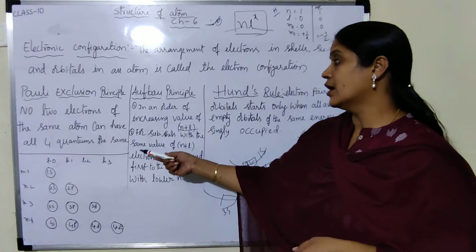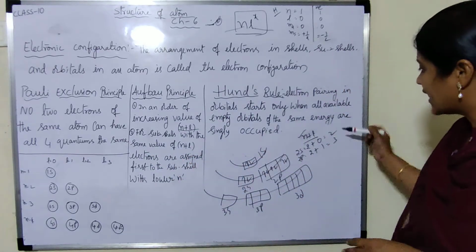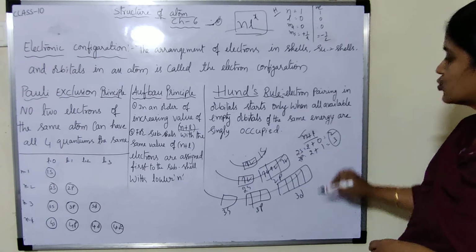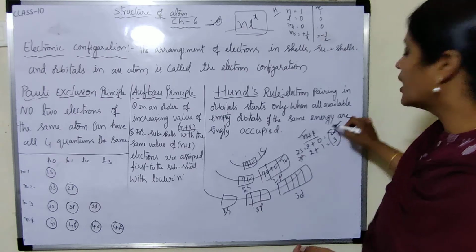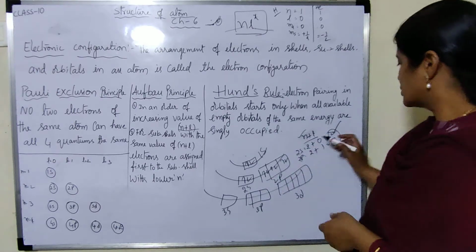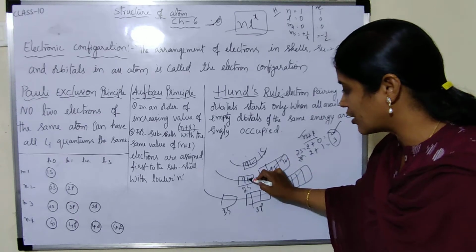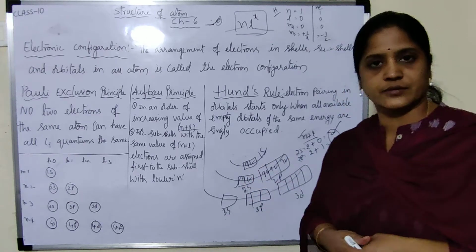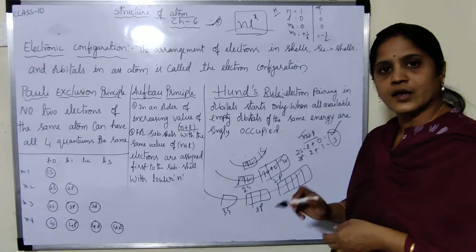Then, whichever value is the least, you give preference to that orbital and fill the electrons in that. So out of 2s and 2p, first we have to fill the electrons in the 2s orbital. Then after that 2p.